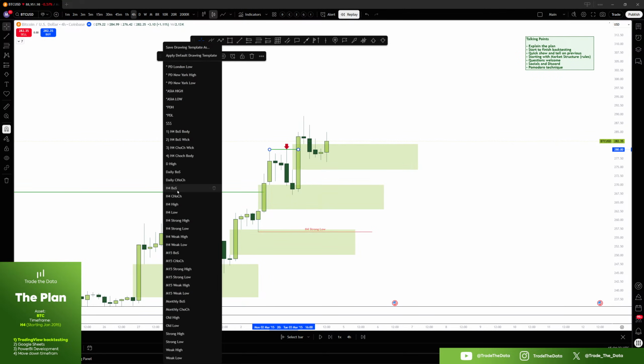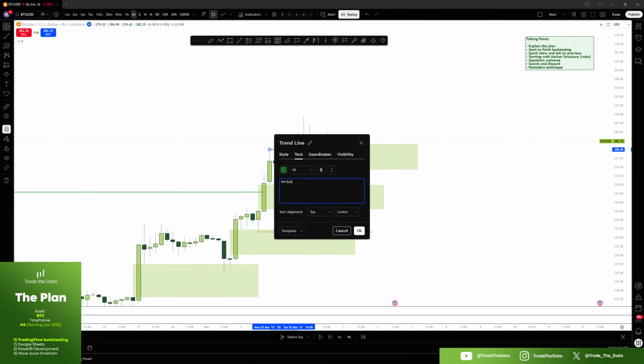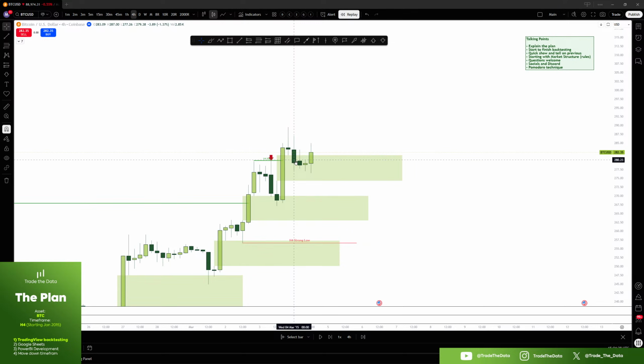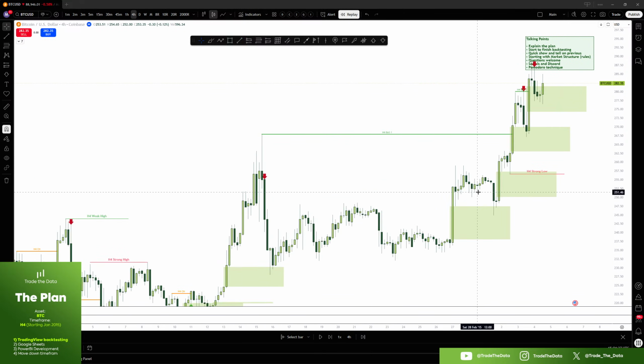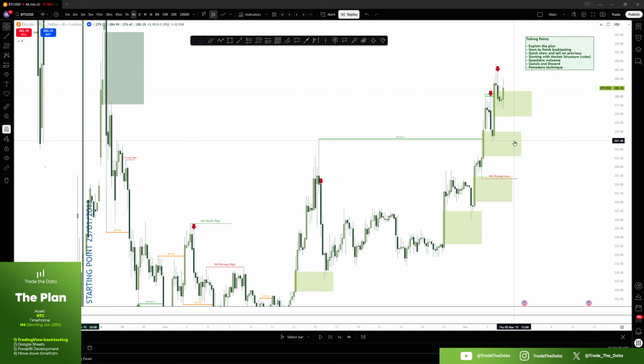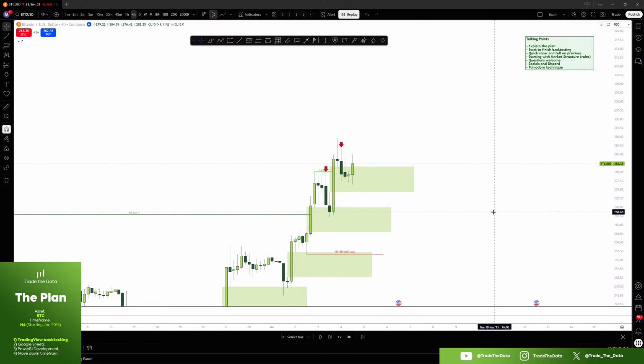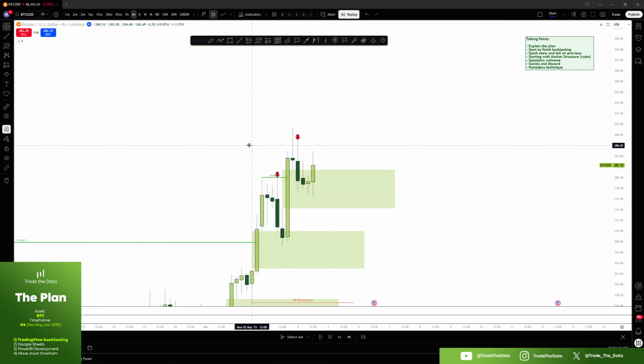So we've got H4 boss. This is boss number 2. We go again. So this is the body break. So that's another. There has been a rather large impulsive move. From here to here, it's going to have to pull back at some point, but we will go with it until it doesn't.